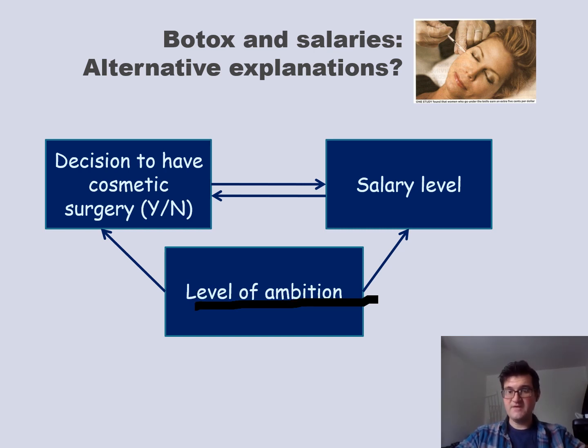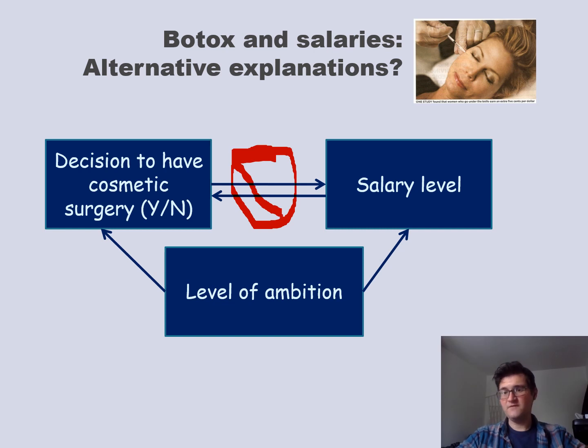So if we measure level of ambition and condition on that, there would be either a very small, statistically non-significant, or theoretically actually zero correlation between these two things. And that's called confounding, right? So we have a confounding variable here that messes up our understanding of the relationship between the two variables that we're interested in, the dependent and independent variable.